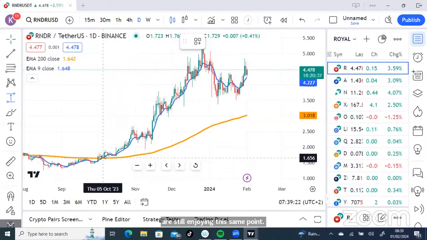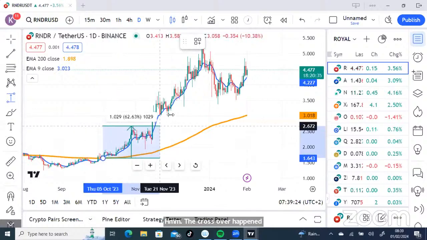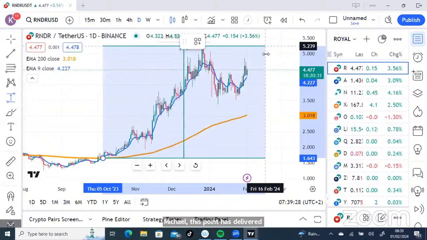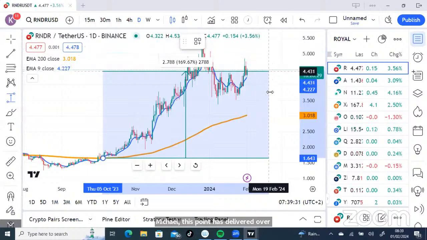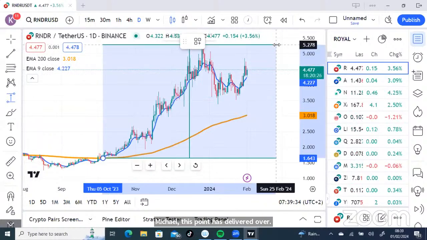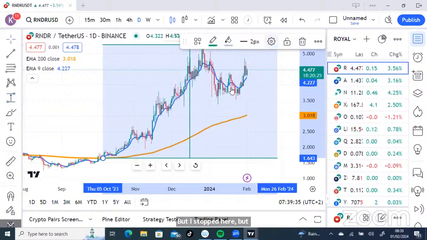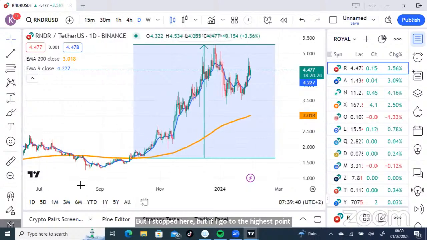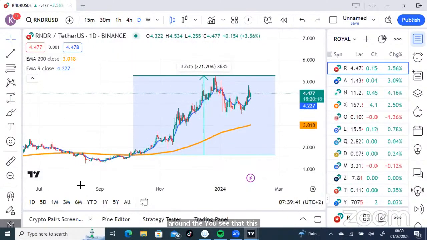The crossover happened here. Imagine this coin has delivered over. If I stop here, but if I go to the highest point, you see that this coin has delivered over 221%.